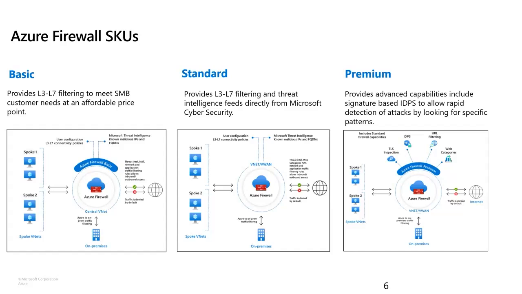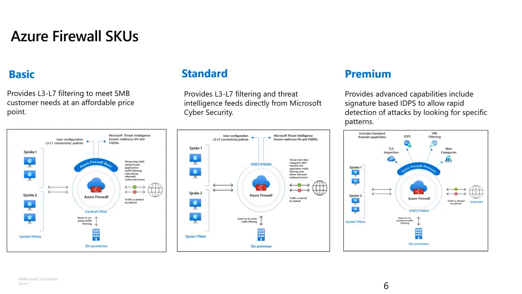We then have the standard SKU, and this supports enterprise features such as threat intelligence, DNS proxy, custom DNS, and web categories, and also provides layer 3 to layer 7 filtering and threat intelligence feeds. This is for the threat intelligence from the Microsoft cybersecurity intelligence team.